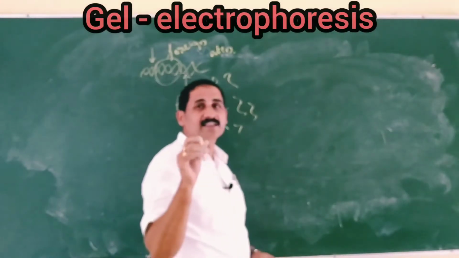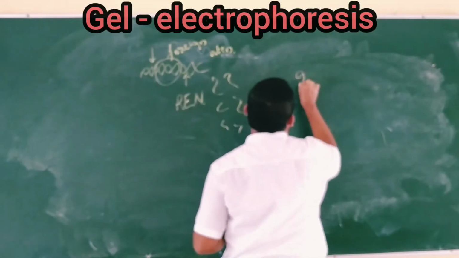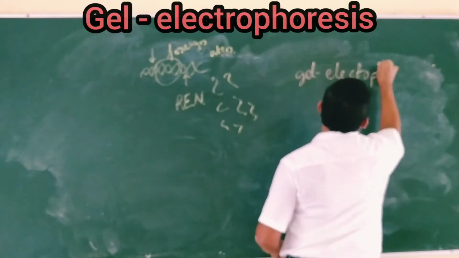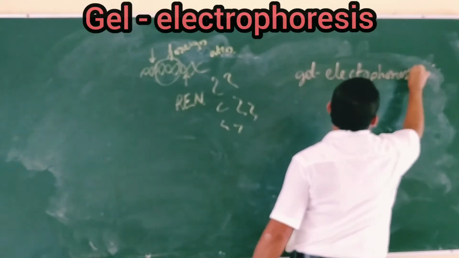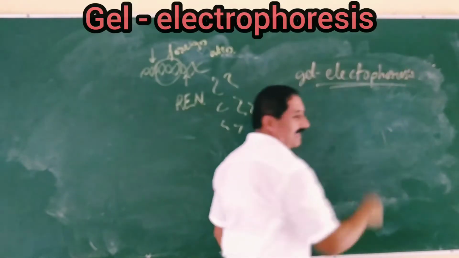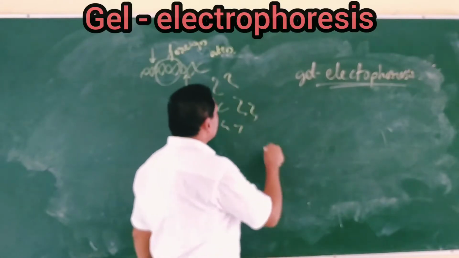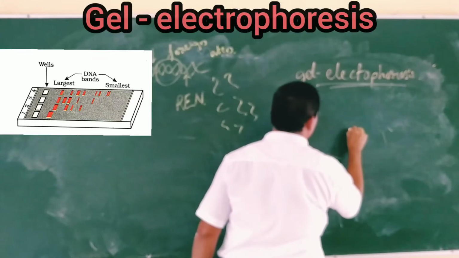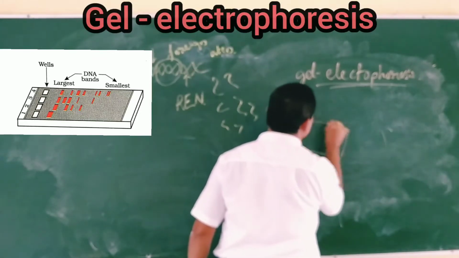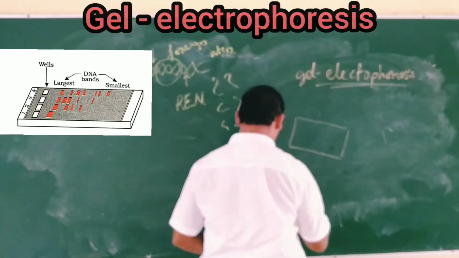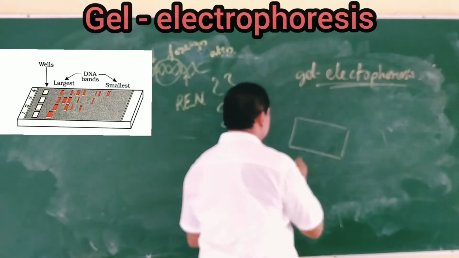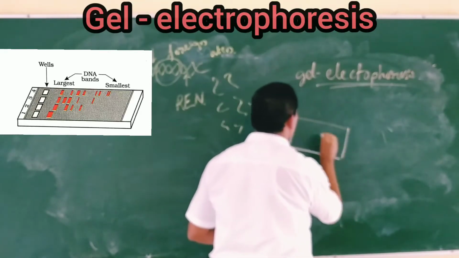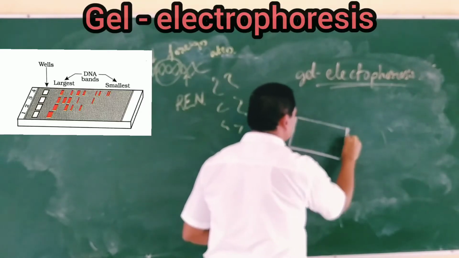The technique called gel electrophoresis is used. In this technique, we pass these fragments of DNA through a gel sheet. Usually, the gel sheet is made from a seaweed, it's an agarose gel.